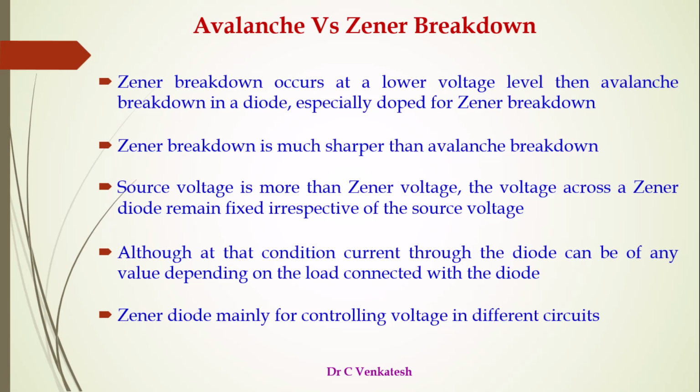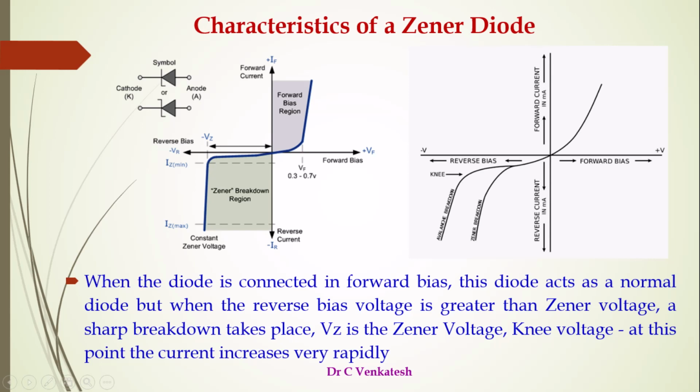That is a special characteristic of the Zener diode. Although at that condition, current through the diode can be of any value depending on the load connected with the diode. That is why we use a Zener diode mainly for controlling voltage in different circuits.